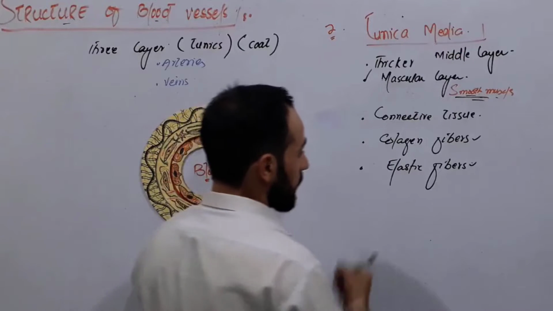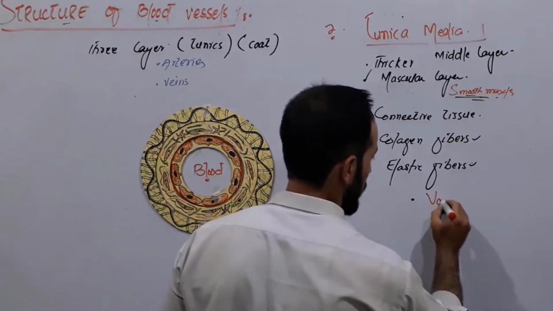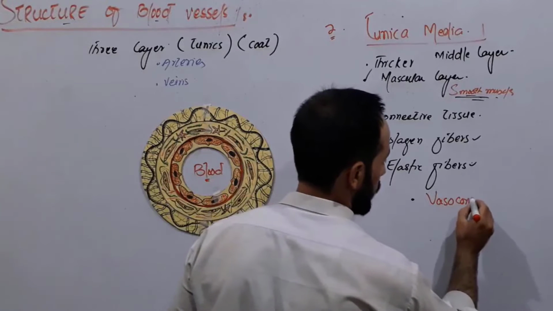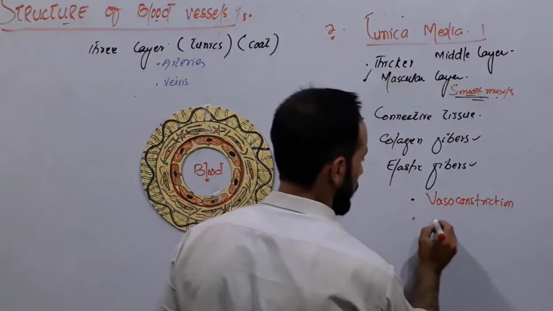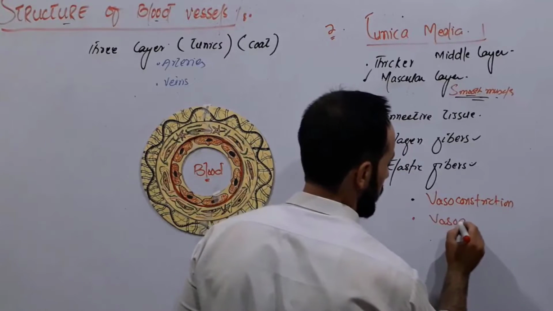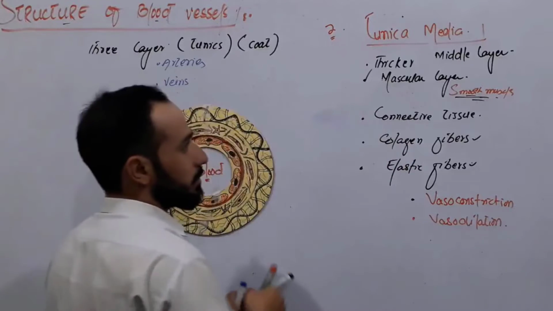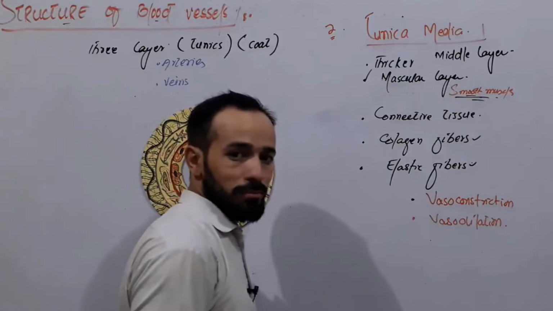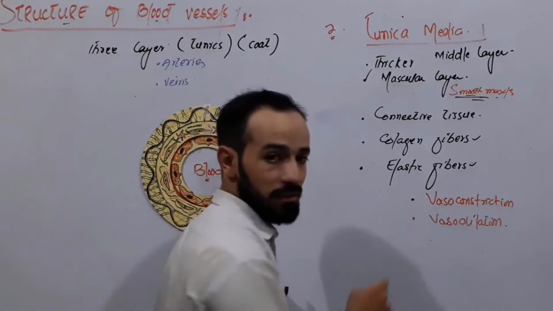So we can say that this layer is responsible for vasoconstriction and vasodilation. Right, as it is made up of smooth muscles. So smooth muscles show the property of contractility and relaxability.